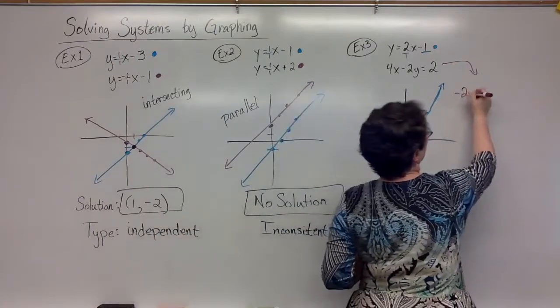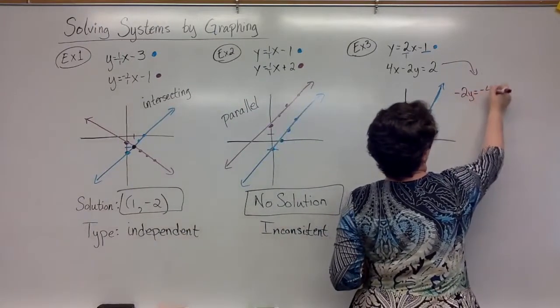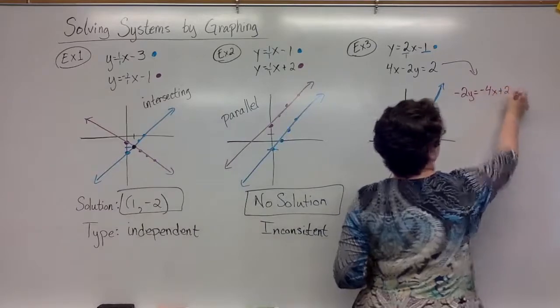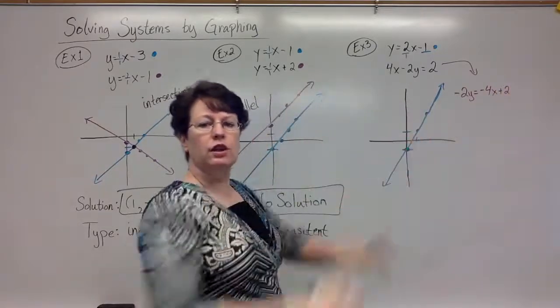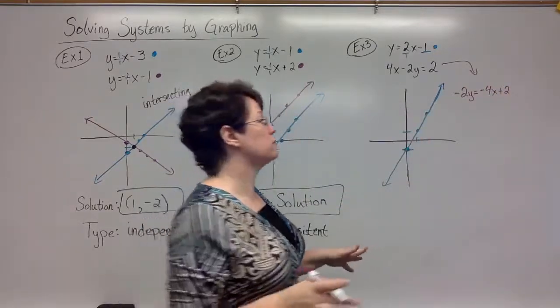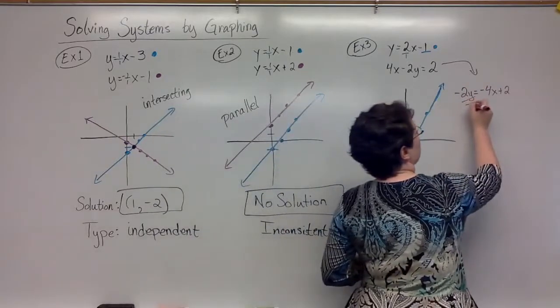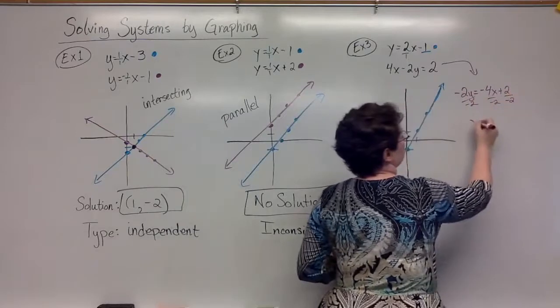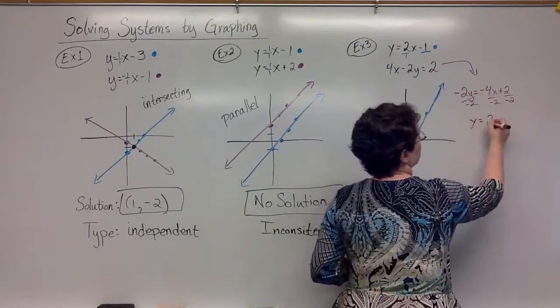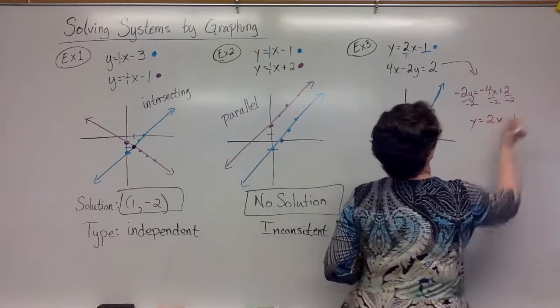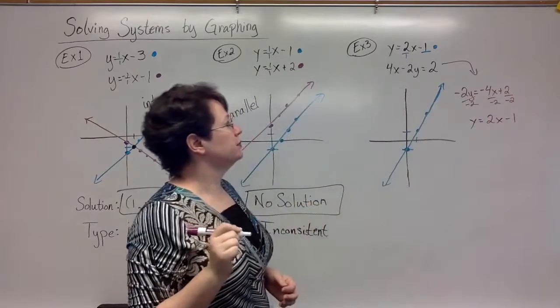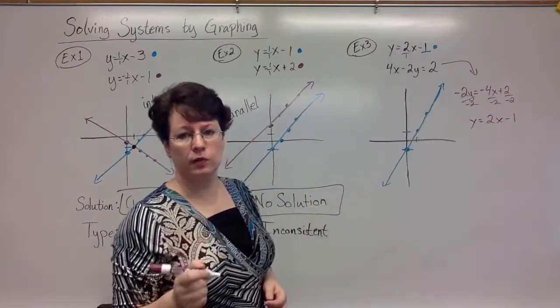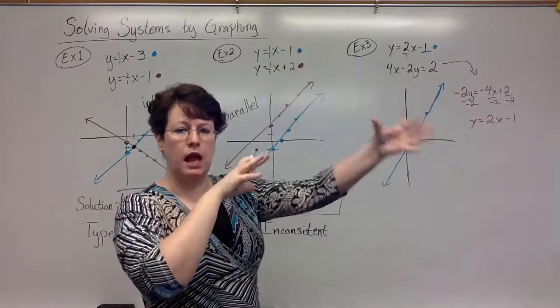So I'm going to have -2y equals -4x plus 2, because I got to move the x over. So now we're closer. Y is almost by itself. We have to divide everything by -2. So I end up with y equals 2x minus 1. Okay? So I have y equals blah.